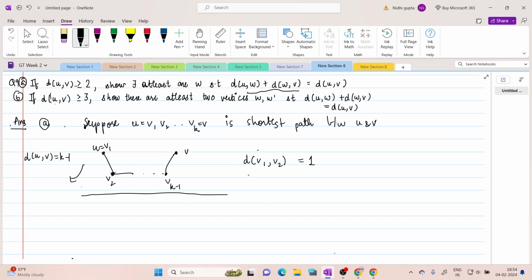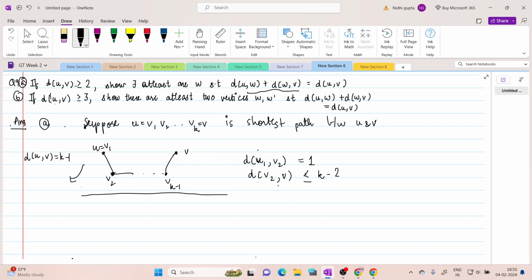So what can we say about d(v2, v)? What is the length of this path? K minus 2. So there is a path between v2 and v of length k minus 2, so d(v2, v) is less than or equal to k minus 2, because d(v2, v) is the length of the shortest path and we have a path of length k minus 2.